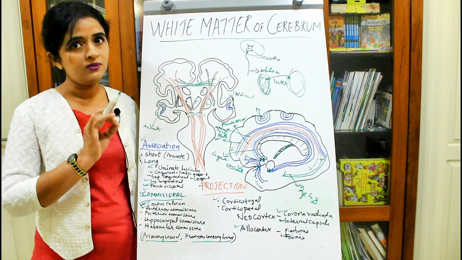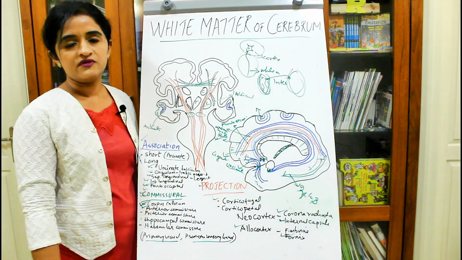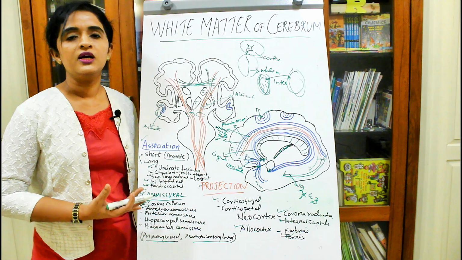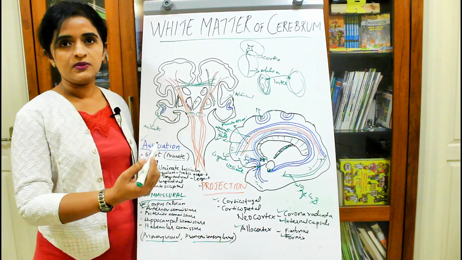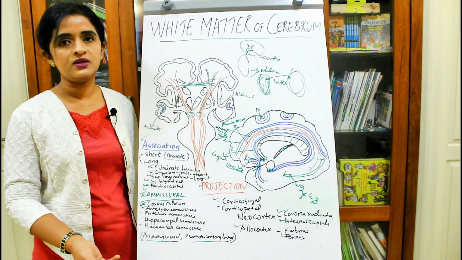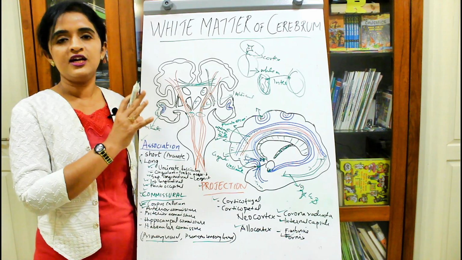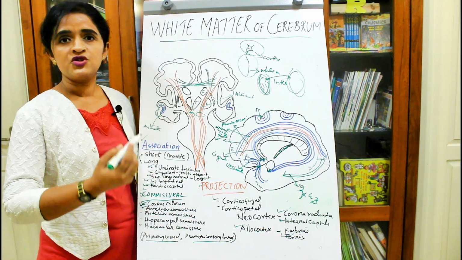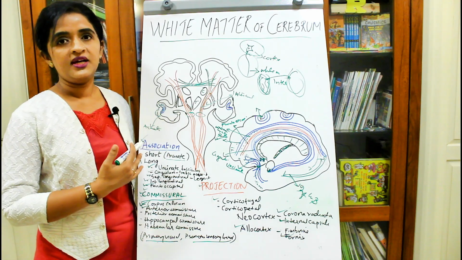Hope you know what white matter means. It is nothing but the fibers of the neurons, forming the main bulk of the cerebral hemisphere. You classify it into association fibers, commissural fibers and projection fibers. Association fibers are intrahemispherical, confined to one single hemisphere. Commissural fibers are interhemispherical, that is, they connect the two cerebral hemispheres.